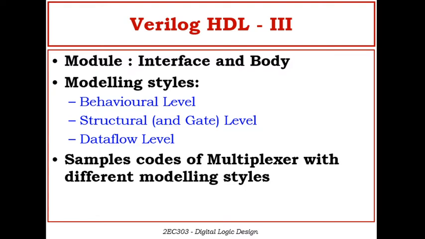So clearly these two are different. Interface is where the ports of the block or of the system or of the module are defined, while the body represents the actual functionality.